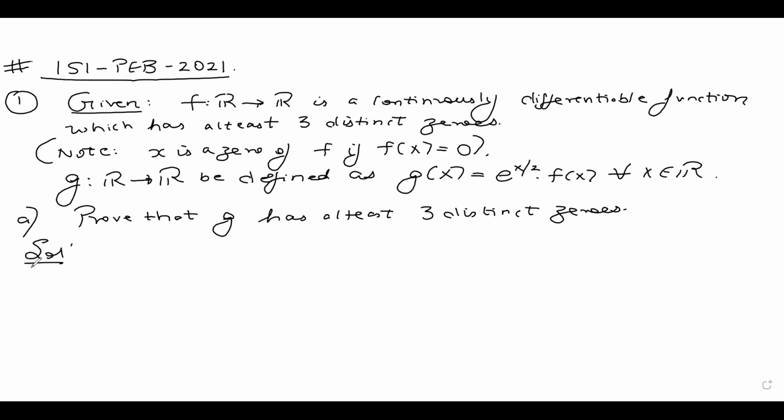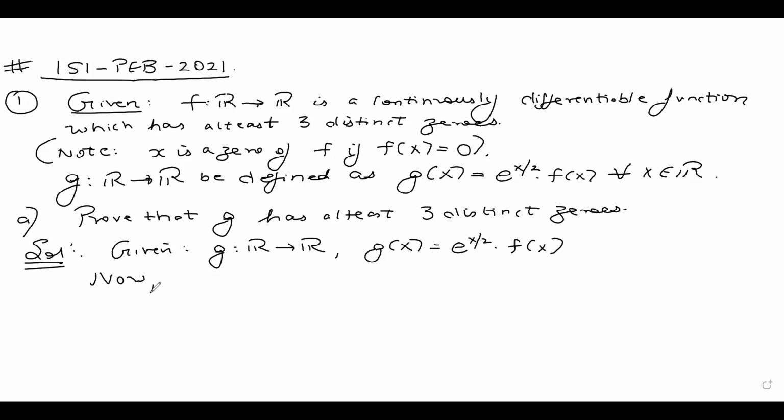Okay, so let's quickly first of all solve the first part and then we'll solve part B to this question. First of all, we are given that g is a function which maps R to R, and the function g of x is e to the power x by 2 times f of x.